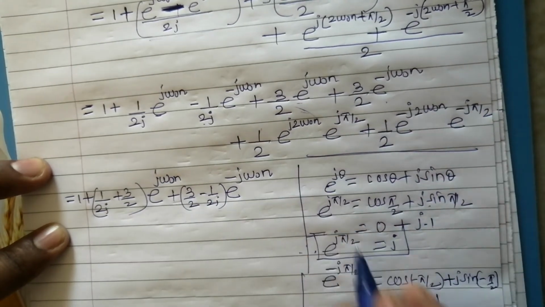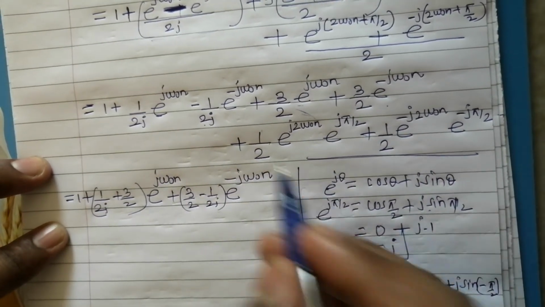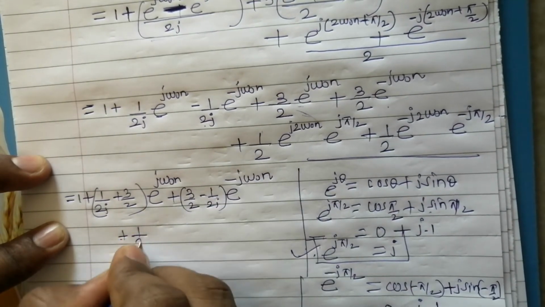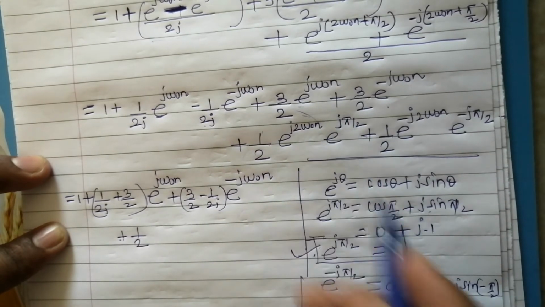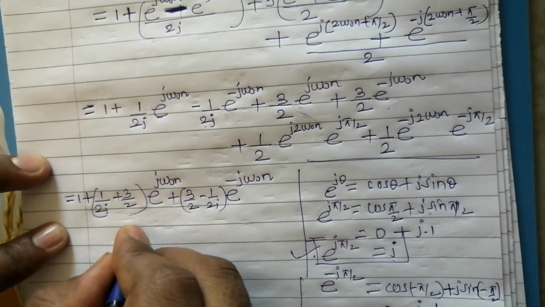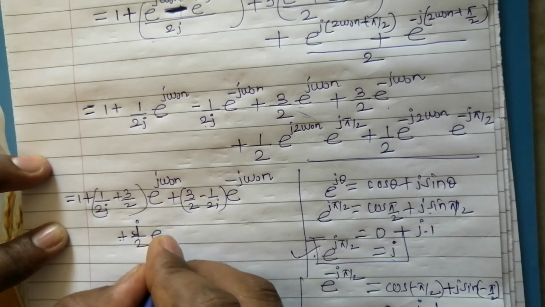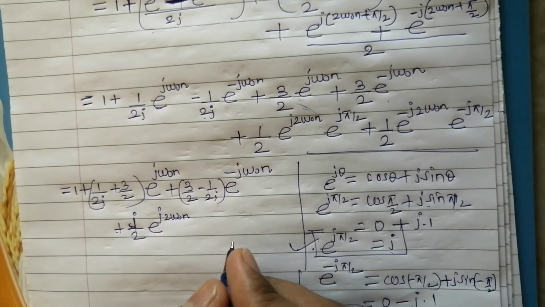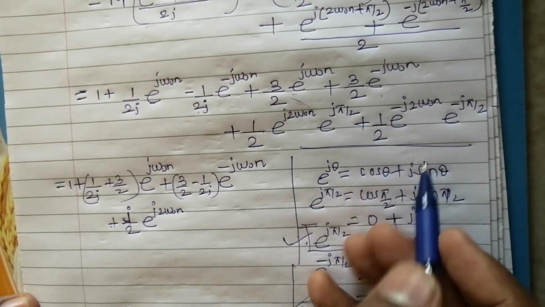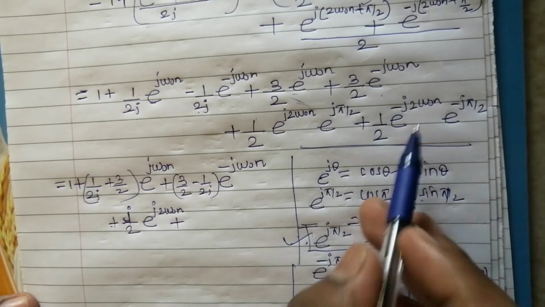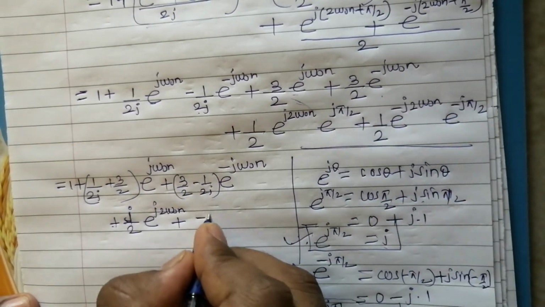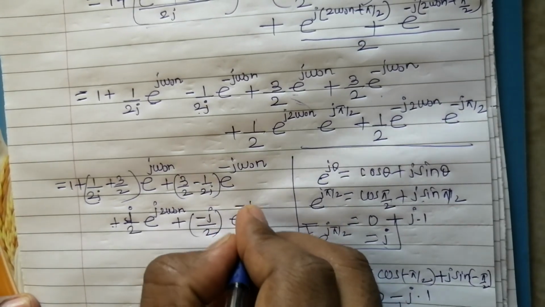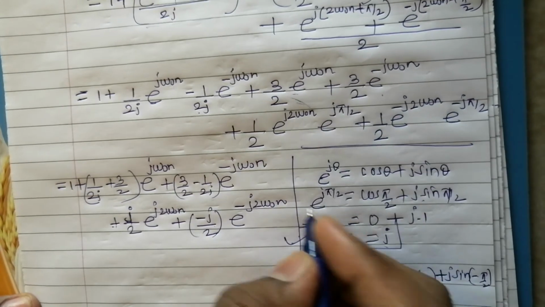And this part, by using these two relations, can be written as plus half, this is j, so place that value j here, and e raised to power j 2 omega naught n. Now the last part, that is plus, now this is minus j, so minus j by 2 e raised to power minus j 2 omega naught n.